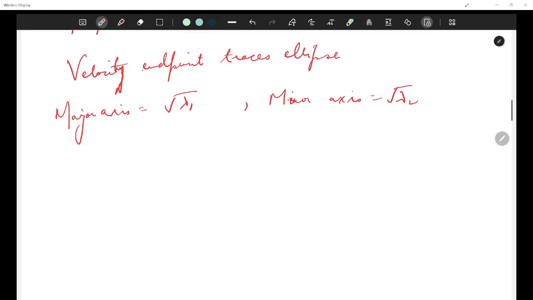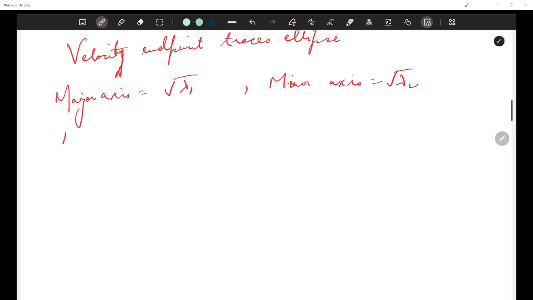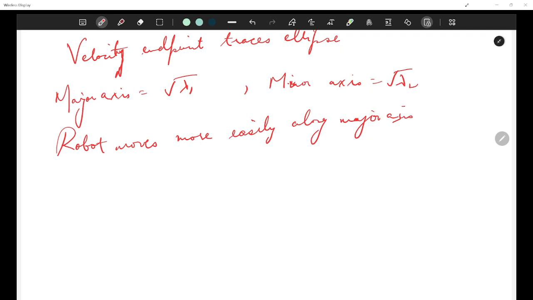So the physical meaning of this is, it was made very clear in the lecture that the robot moves more easily along the major axis. If both of them are equal, lambda 1 is equal to lambda 2, that means that it is isotropic. The movement is similar in all the directions with no bias.